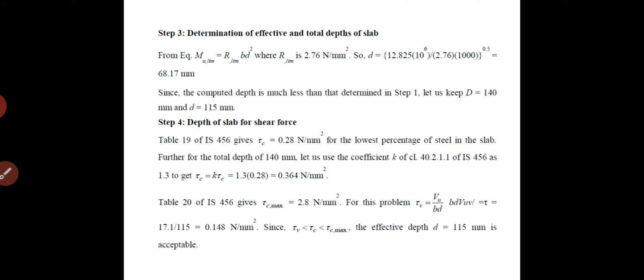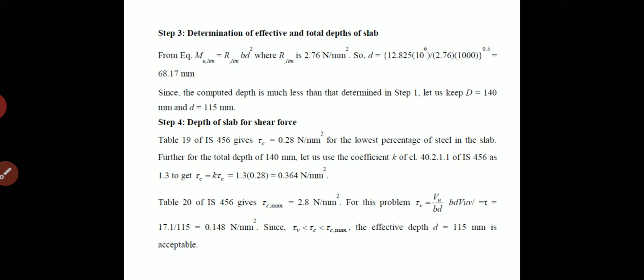Here tau c is 1.3 into 0.28, which is 0.364 Newton per mm square. Table 20 of Indian Standard 456/2000 gives tau c maximum equal to 2.8 Newton per mm square. For this problem, tau v equal to Vu upon bd.